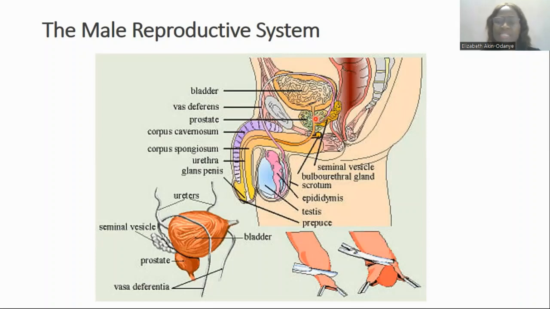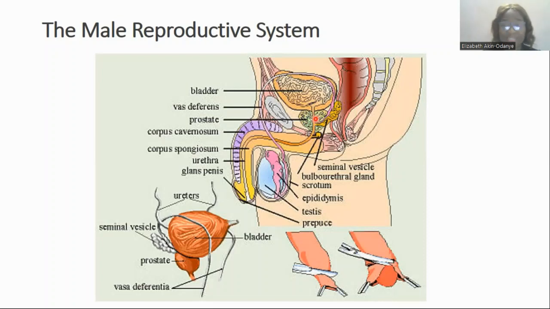And it is this prostate gland whose secretions are alkaline in nature. So it secretes alkaline fluids into the urethra. And the essence is to neutralize whatever urinary content may still be in the urethra.